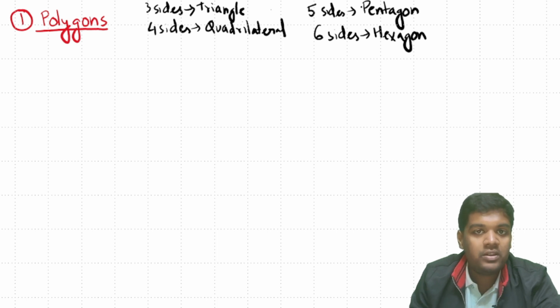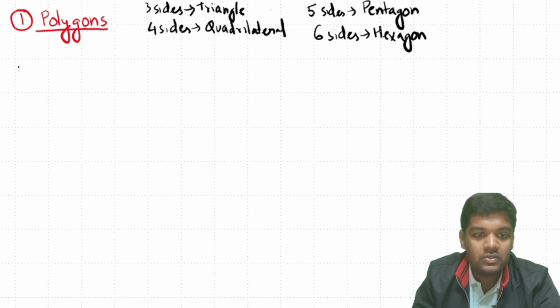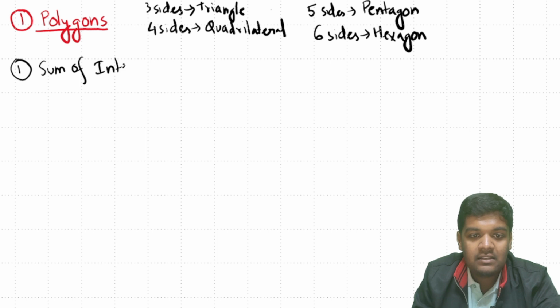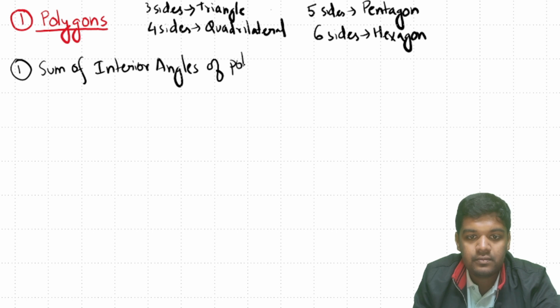So there are some important properties which we'll be using in CAT examination related to polygons. Let's see one by one. So the first property is sum of interior angles of a polygon, right?